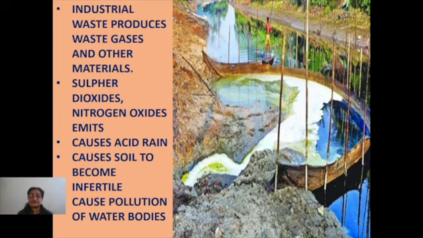Besides this, these are also responsible mainly for acid rain, and they also cause soil to become infertile. Whichever area is covered with the industrial waste, that area almost becomes infertile, and it also causes pollution of the various water bodies. So this is about the industrial waste.